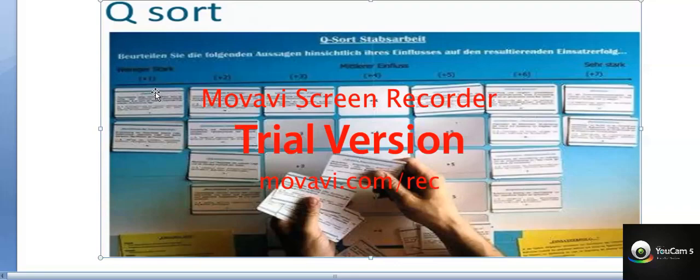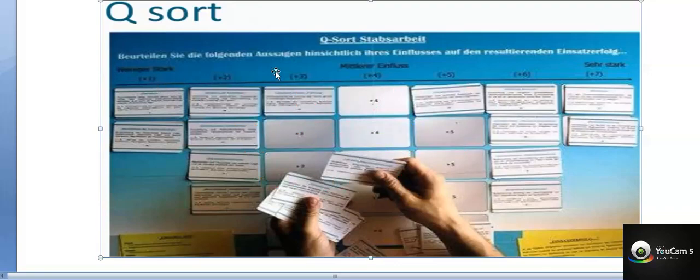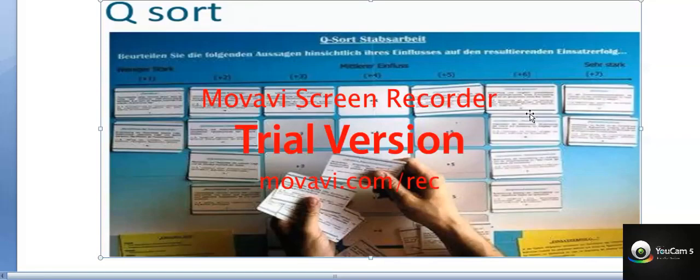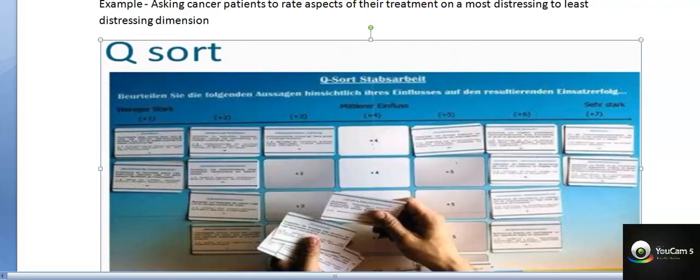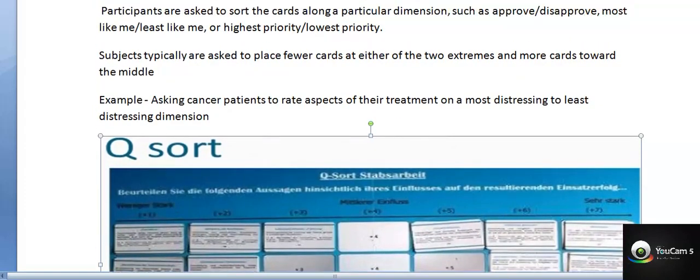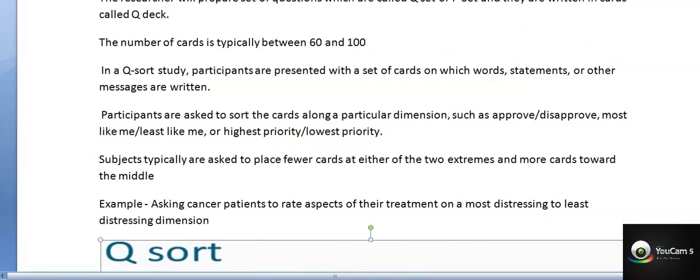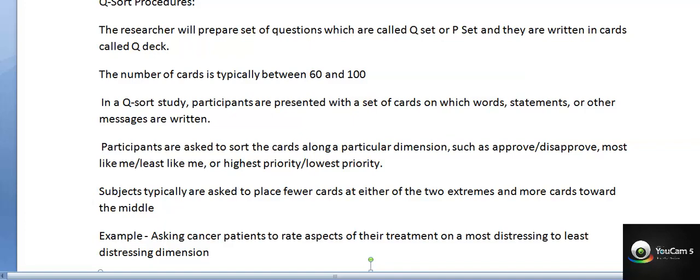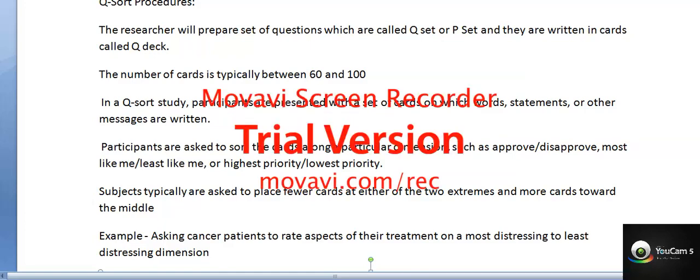And like an attitude scale, a score is given like +4, +2, +3. So as per the researcher's scoring system, he will put a score as per his convenience, and the participant has to arrange all this deck of cards as per his interest, and the researcher will go through and compare with the other people. So this is especially used for in-depth assessment of any topic.